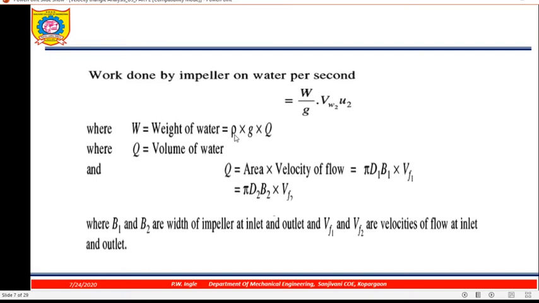It is rho A V. So Q is the volume of water. What is Q? Area into velocity of flow. So pi d1 B1 Vf1 equals pi d2 B2 Vf2. In the Francis turbine also the same equation we have used, where B1 and B2 are the width of the impeller at inlet and outlet, and Vf1 and Vf2 are velocities of flow at inlet and outlet.